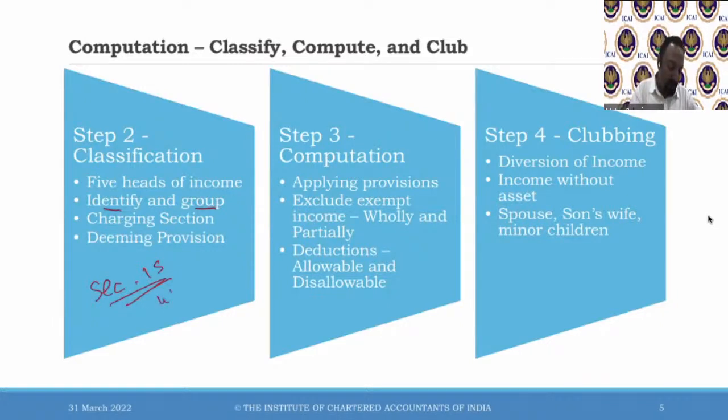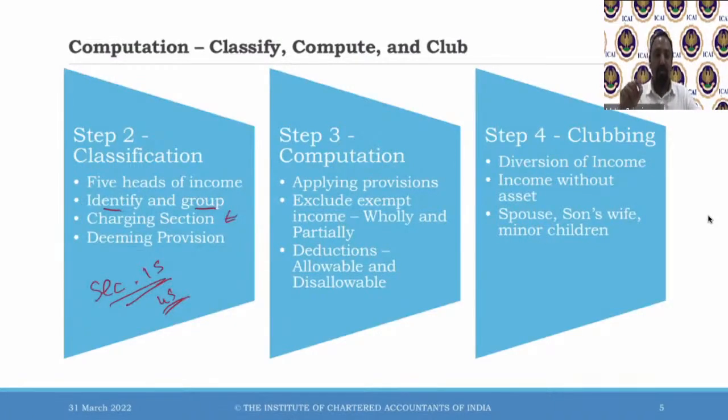Similarly, you have section 45, which says capital gain. A particular income, we say it is chargeable to tax under capital gain. So this section is what will give the power to the income tax department to say that this income is taxable under so and so head. So look into the concept of charging section and accordingly tax it.